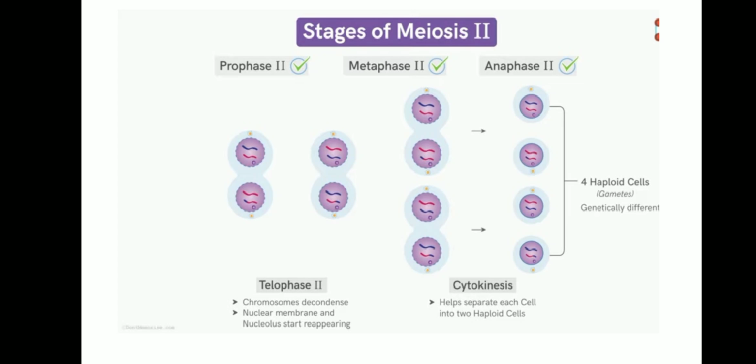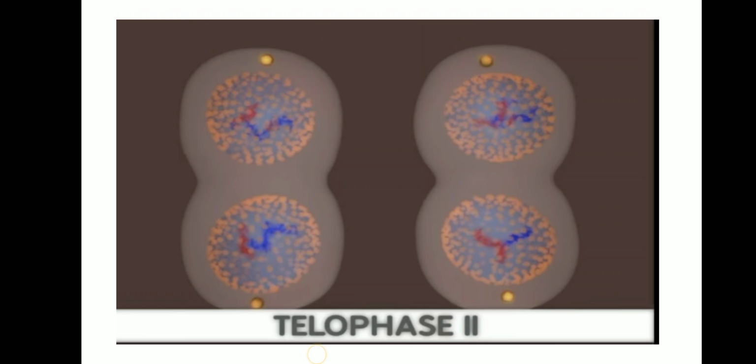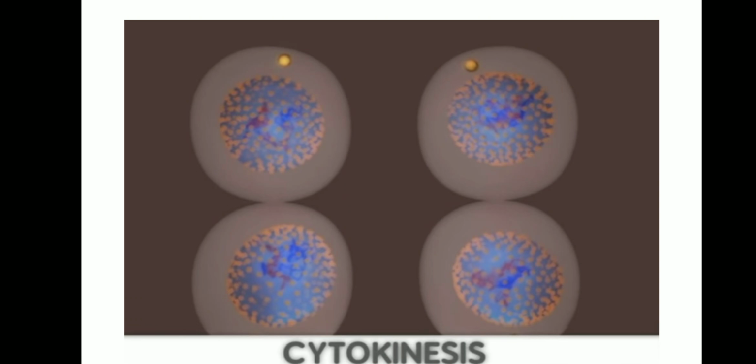Finally, 4 haploid cells are formed. Okay, what's the significance? The constant number of chromosomes in a given species is maintained by the meiotic division. So finally 4 daughter cells are formed.